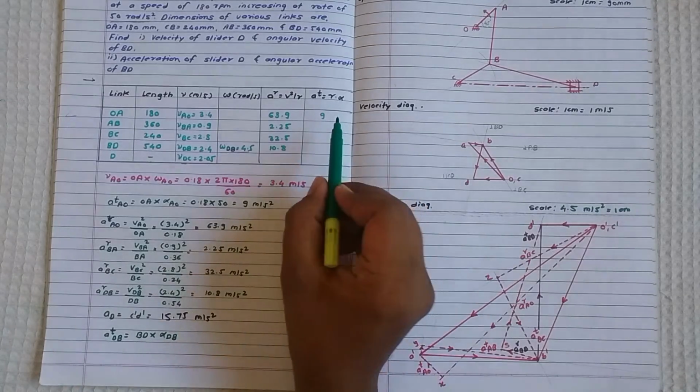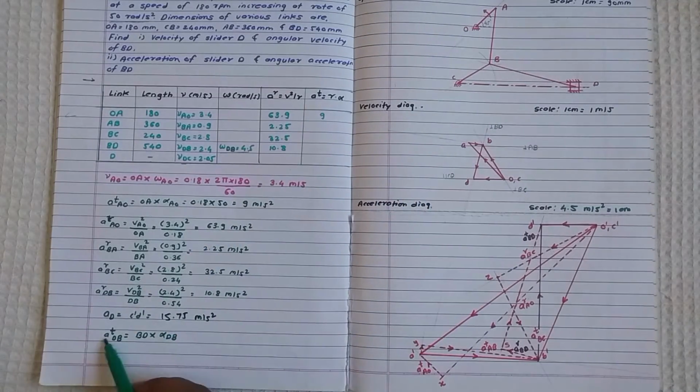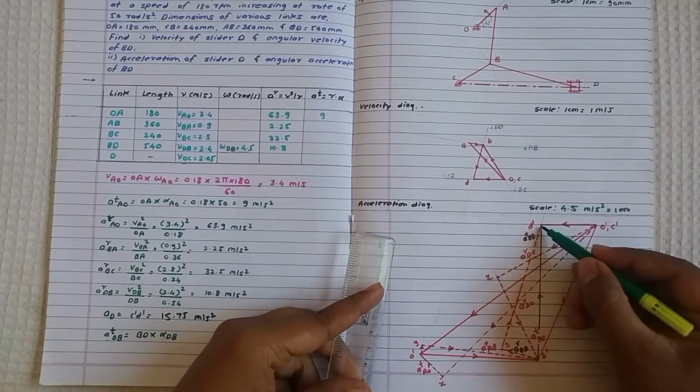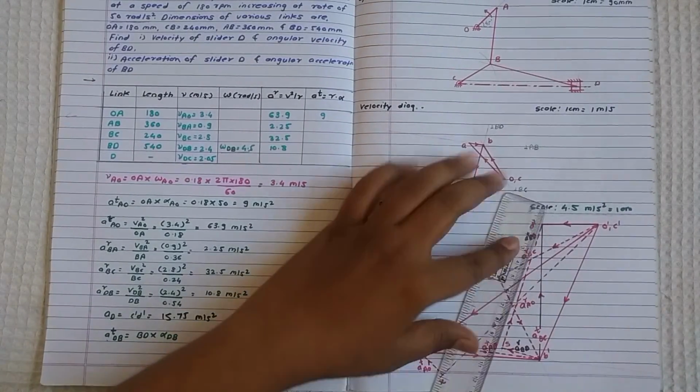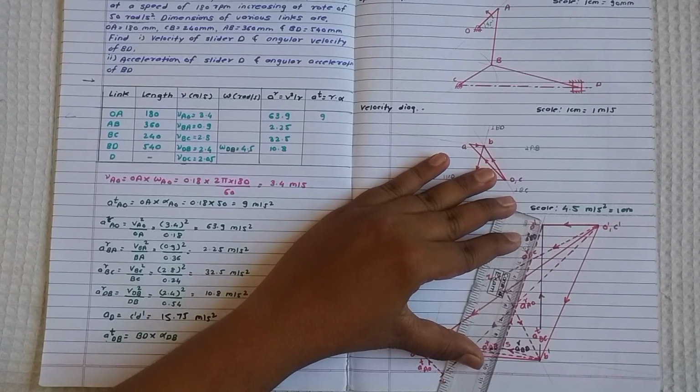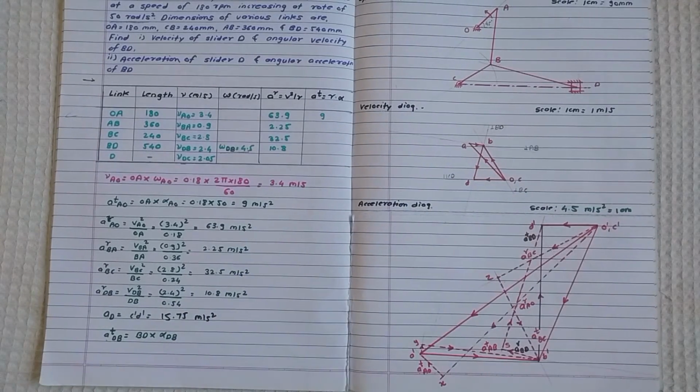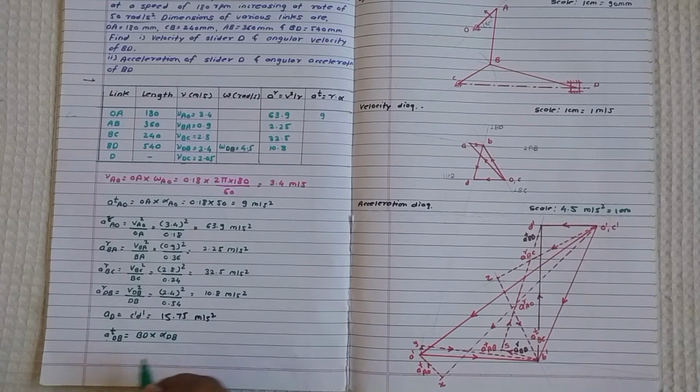It comes from the formula of the tangential component. The tangential component of BD is equal to r into alpha. The tangential component of BD, measured from D dash, is 8.5 multiplied by 4.5, so it is coming 38.3, which is equal to BD, length BD is 0.54, into alpha of BD.